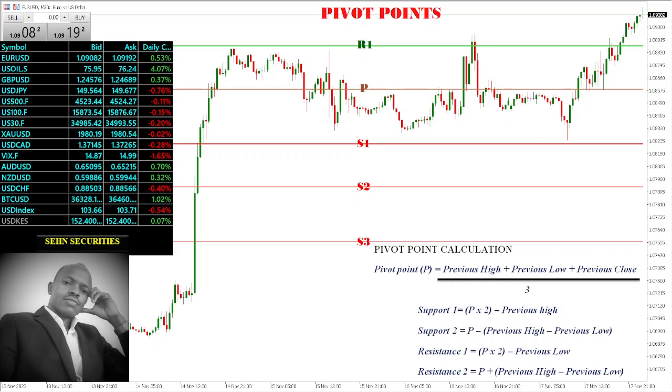Finally, we have seen that pivot points are used in determining market trends and to determine the entry and exit levels. We would like to conclude by mentioning that pivot points are a versatile tool used by traders to identify potential levels of support and resistance, which enables them to make informed trading decisions on potential entries and exits, as well as how they are going to manage their risks appropriately.